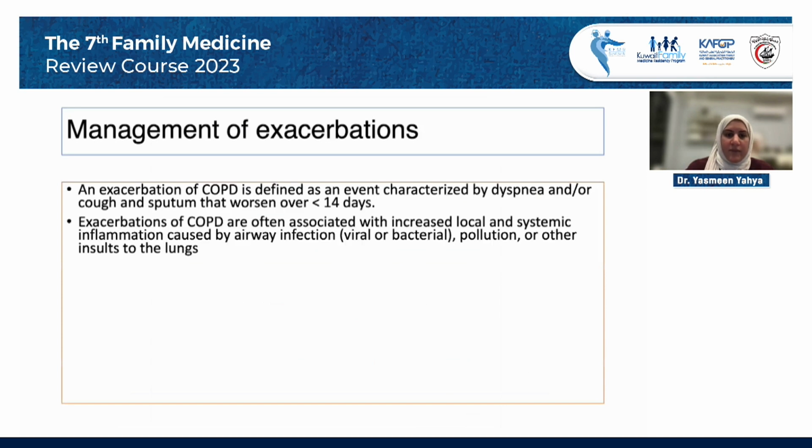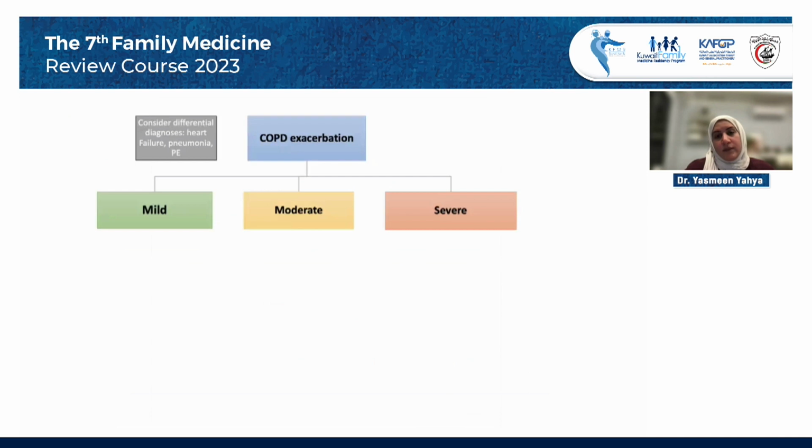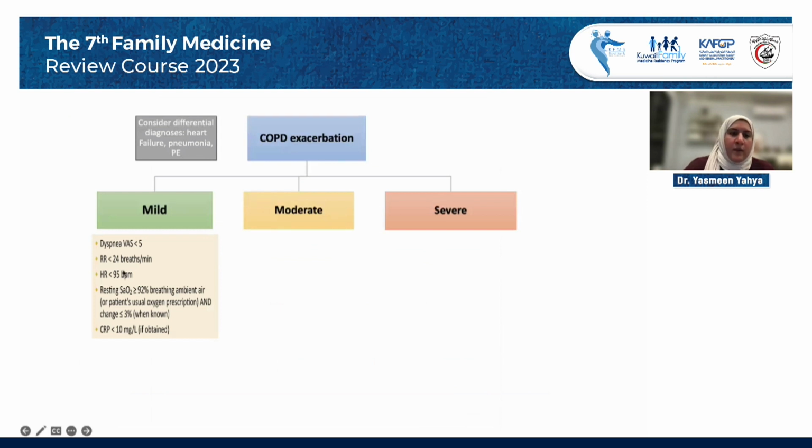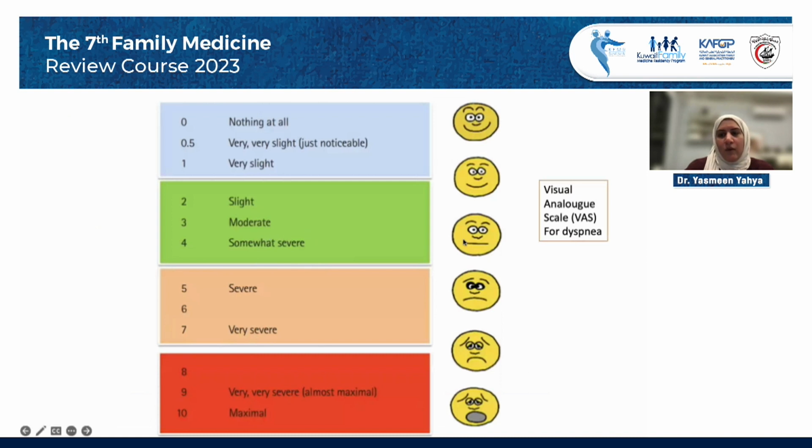Let's talk quickly about the exacerbations. For the exacerbations, the GOLD guidelines divide them into 3: mild, moderate, and severe. For dyspnea, they use a visual analog scale, where 5 and above means the patient is having severe dyspnea.